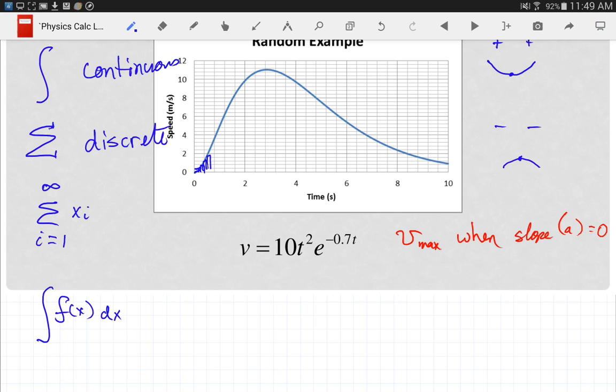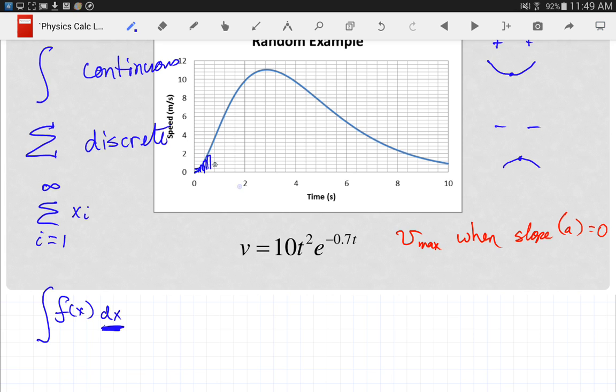Each one of these little slices has a width of dx. Now, how big is the value dx? Infinitesimal. It's not like it's 0.01 for each one. It's infinitesimal width. But that's why you have the dx here, because you have a width times the height, and then you're summing up that product when you're doing the integral.